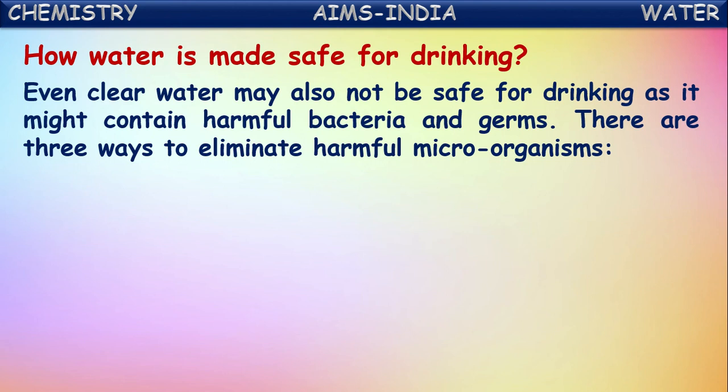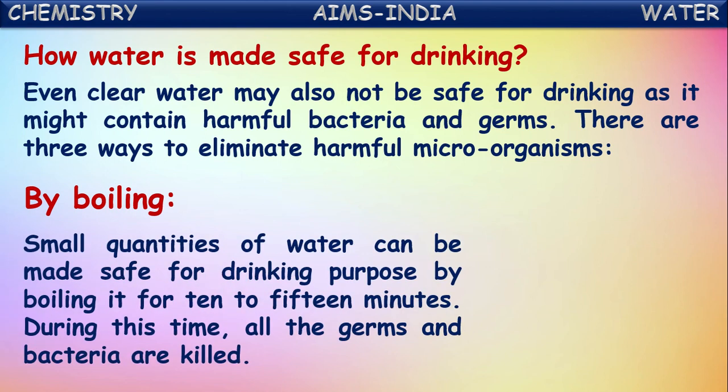So there are three simple ways to eliminate harmful microorganisms. Okay, we can eliminate all these microorganisms in three simple ways. One of them is by boiling. Small quantities of water can be made safe for drinking by boiling it for 10 to 15 minutes.